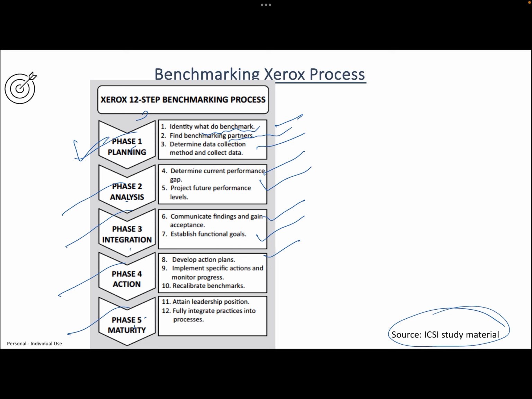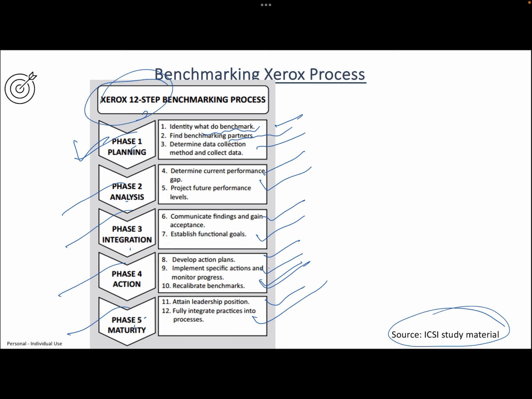Start implementing it, develop action plans, implement, recalibrate if we are not able to meet the targets, and then by implementing you will attain a leadership position and then start using it as an integrated process.